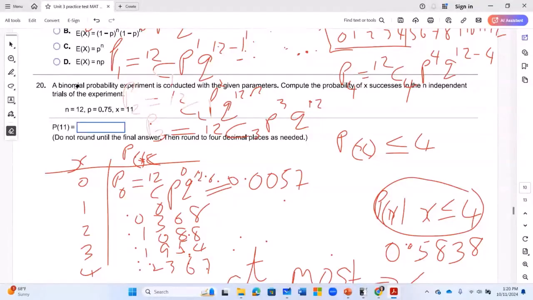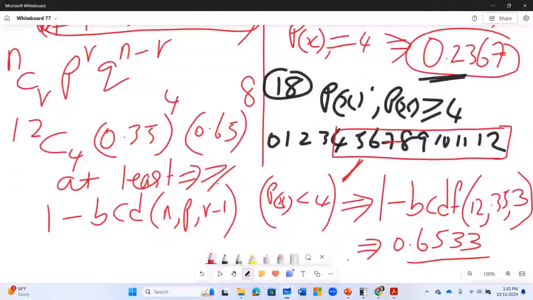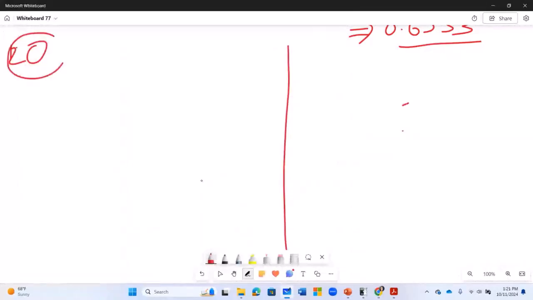In number 20, a binomial experiment is conducted with the given parameters. Compute the probability of x successes in n independent trials. So I'm going to go to my whiteboard and write number 20 here. We have a binomial experiment, and we are given that the sample size is still 12.